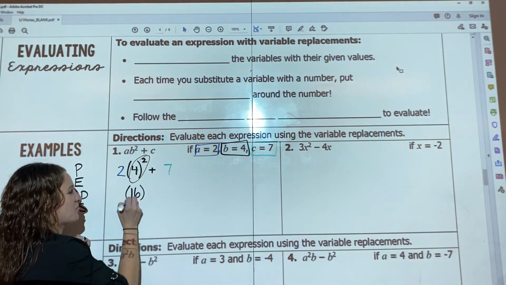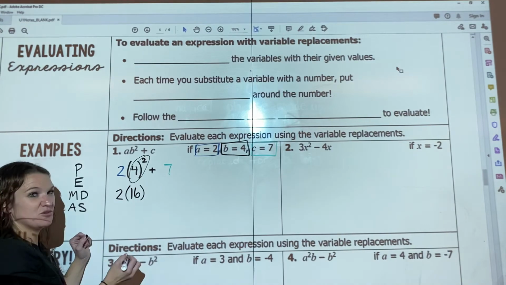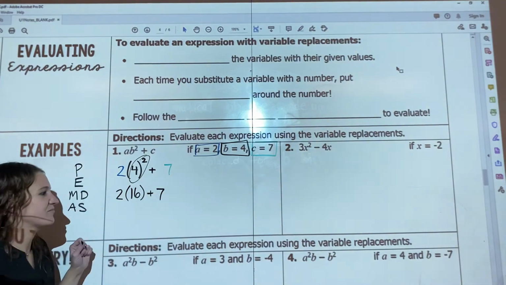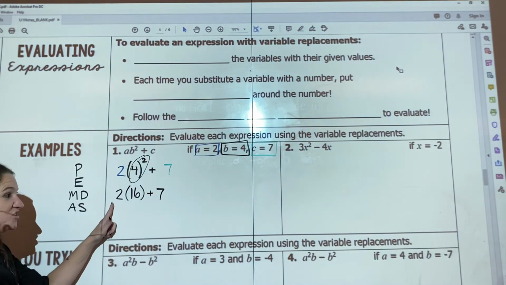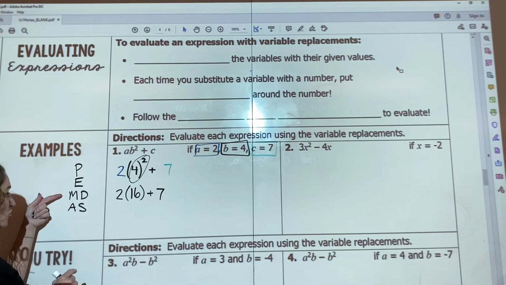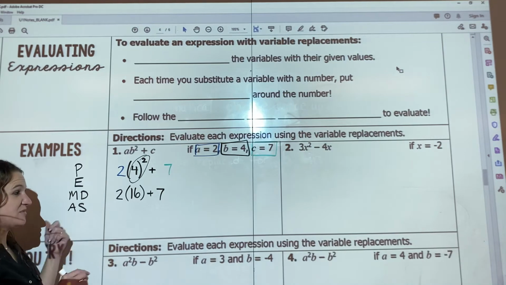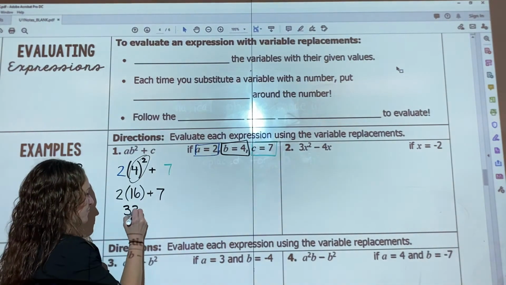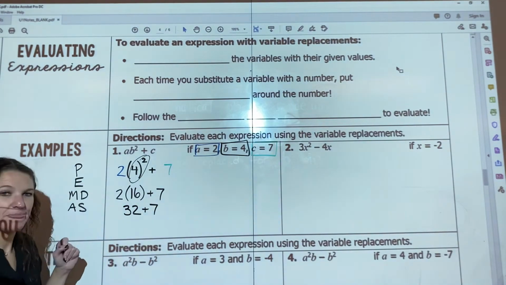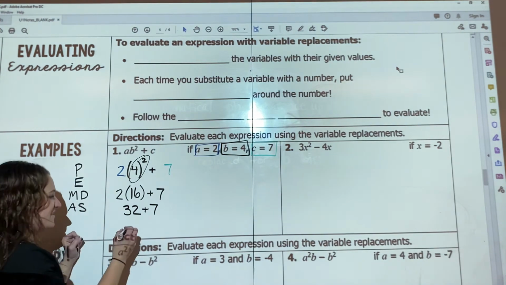I'm going to keep that in my parentheses, bring down the 2, and bring down the 7. All right, 2 times 16, because I know I have to do multiplication before addition or subtraction. So 2 times 16 is going to give me 32. 32 plus 7 is 39.